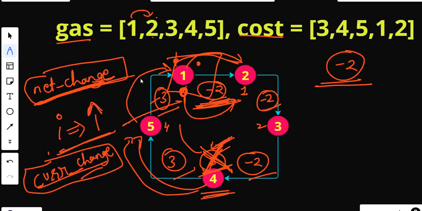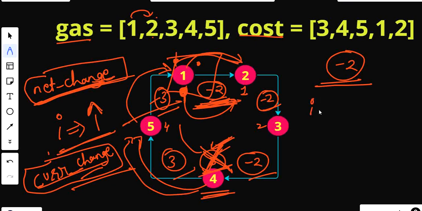So if net change is greater than or equivalent to 0, that means there is a solution existing, and to get the solution we are maintaining current change. So if current change is negative, we are going to update our answer with I plus 1, because we are calculating current change for every I, right?